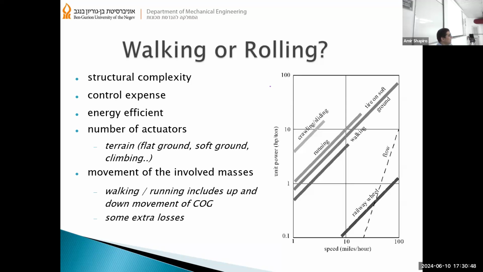So walking on sand is very difficult. It takes a lot more energy than walking on a stiff surface. Movement of the involved masses, which mass is moving, whether there is a lot of mass at the end of the leg, like heavy shoes. This takes much more energy to move them.